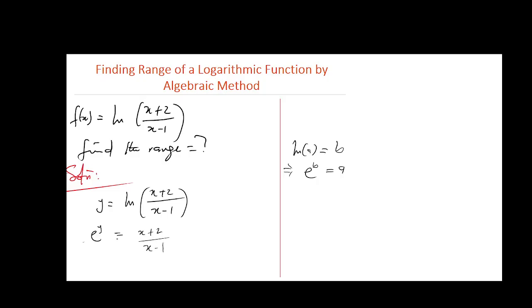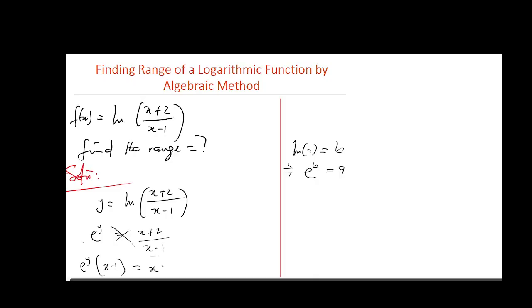How do we solve? From here we can cross multiply, right? And we are going to have e to the power of y in x minus 1 equal to x plus 2.